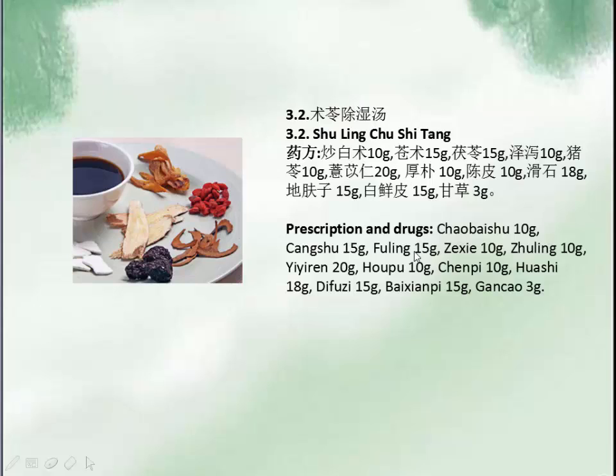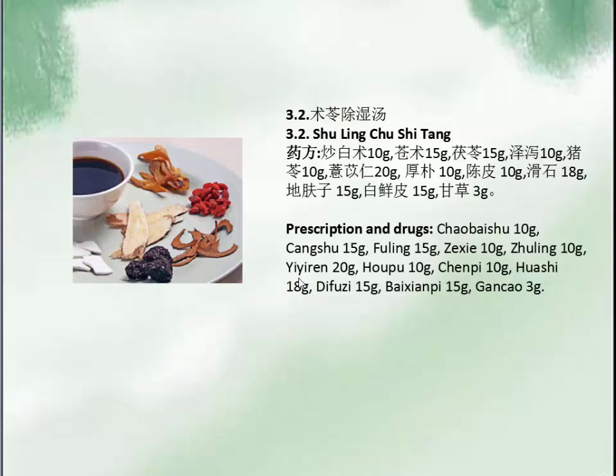This also drains dampness. This is focusing on dampness. This whole group here should be Zhu, Cang Zhu, not Cang Shu. This should also be Zhu, Chao Bai Zhu, not Chao Bai Shu. Proper pinyin would be Zhu. So these two tonify the spleen and dry dampness, and then Fuling, Zexie, Zhuling, Yiyiren drain dampness and increase urination.